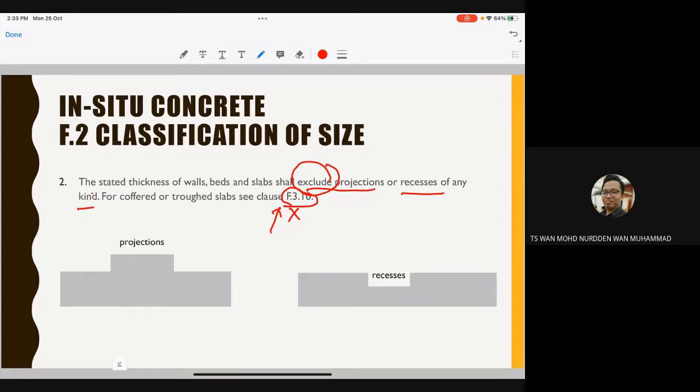Okay, projection. Maksudnya yang ini perlu diasingkan lah. Dan juga kawasan ni lah, kalau recess, of any kind. Saya rasa this one you pernah go through masa you belajar part 1 or part 2, is about what does it mean by the projection lah. Okay, projection untuk concrete.